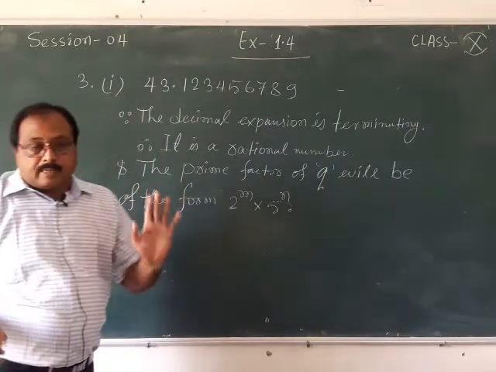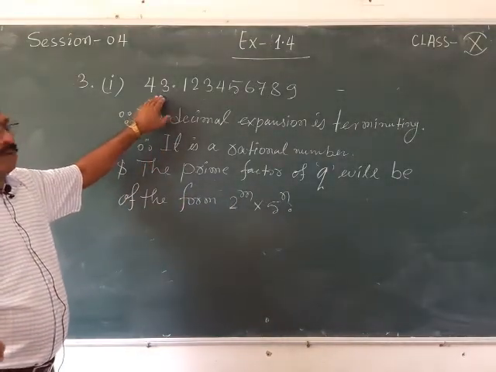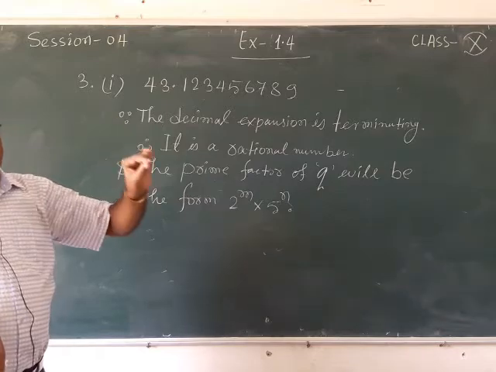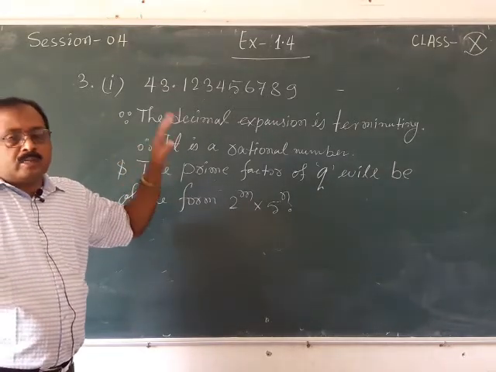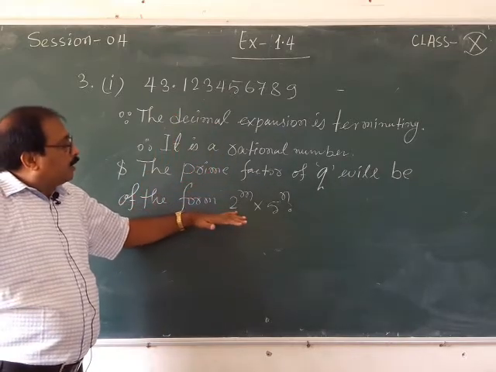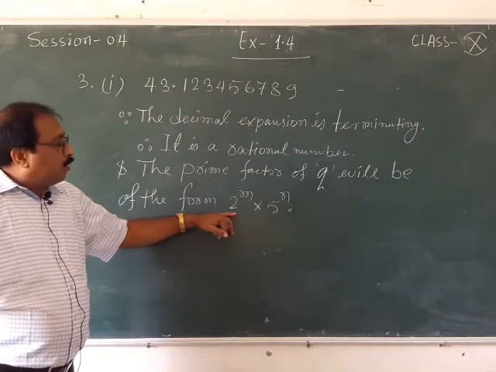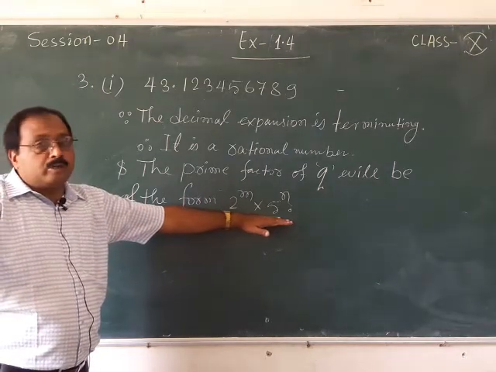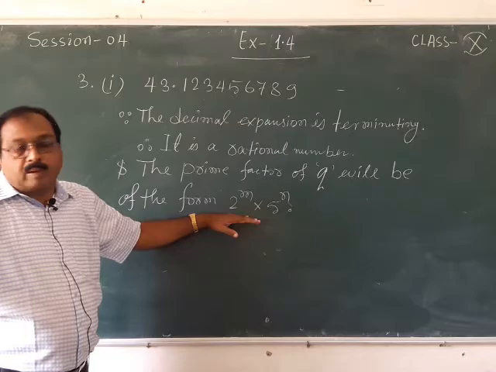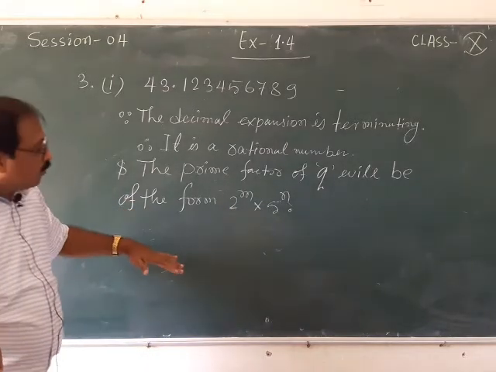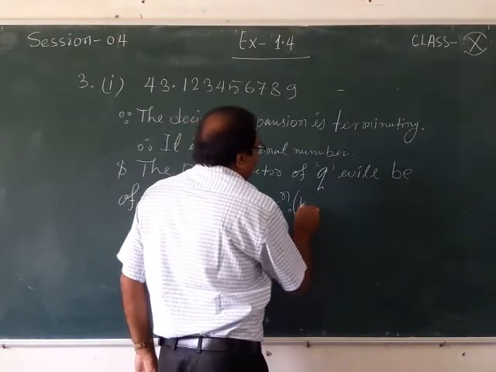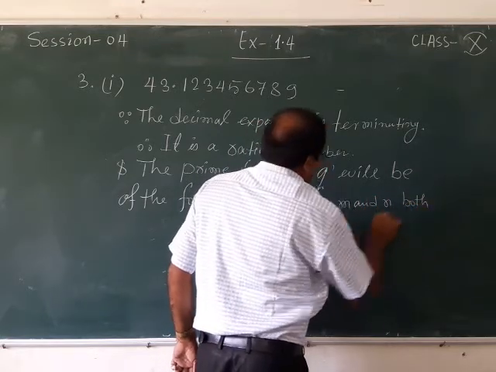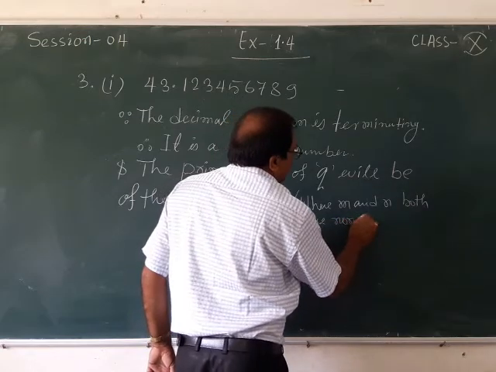It is clear that when you write this number in the form p by q, and then write the denominator of this rational number in exponential form and find the prime factors of its denominator, surely the prime factors will come in the form 2 to the power m into 5 to the power n, where m and n both are non-negative integers.